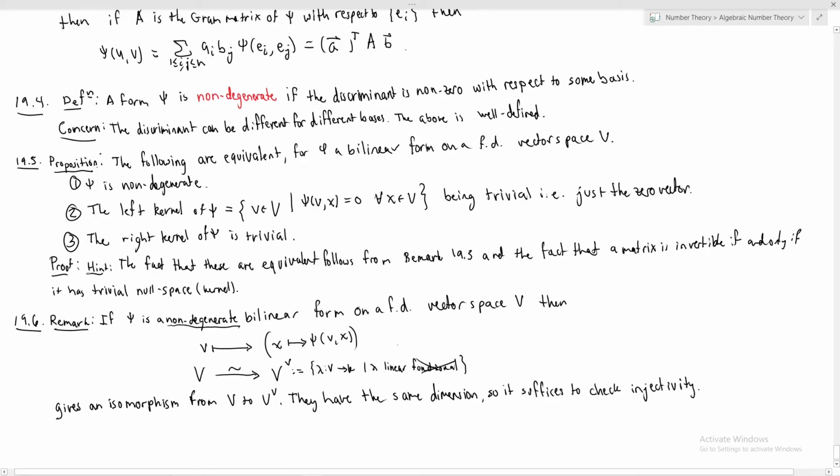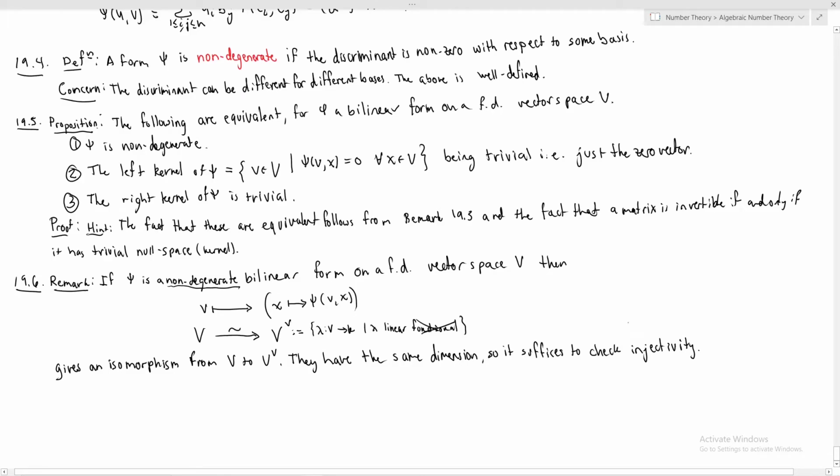It just needs to be linear. Okay. And a standard fact from an advanced linear algebra course is that these two things have the same dimension. So I just need to check this map is injective. However, this is exactly the condition that the left kernel is trivial.